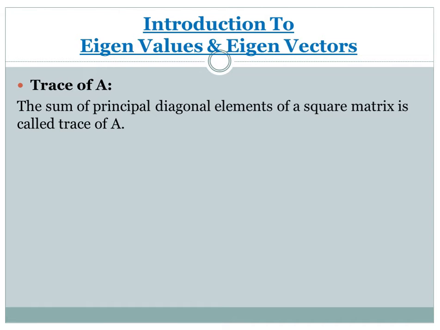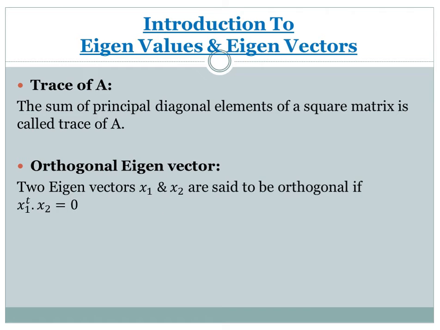Trace is nothing but the addition of diagonal elements. The next point is orthogonal eigenvectors. Two eigenvectors x1 and x2 are said to be orthogonal to each other if x1 transpose times x2 is equal to 0, or x1 times x2 transpose is equal to 0.